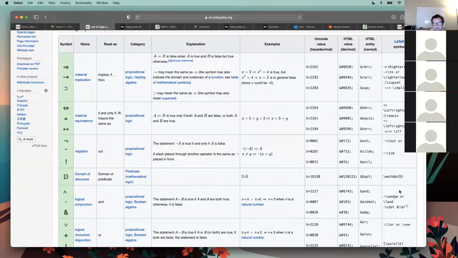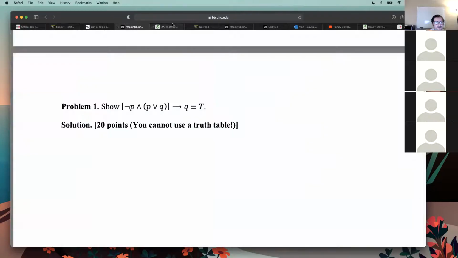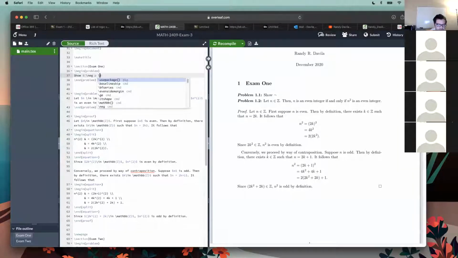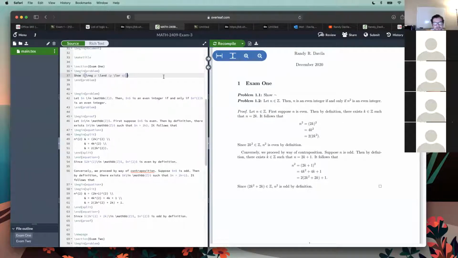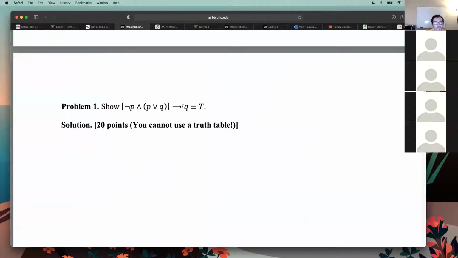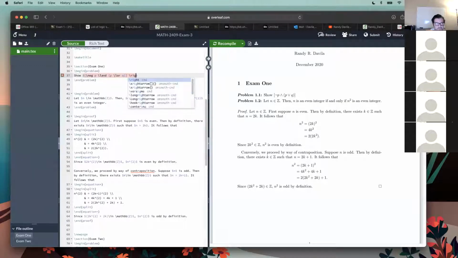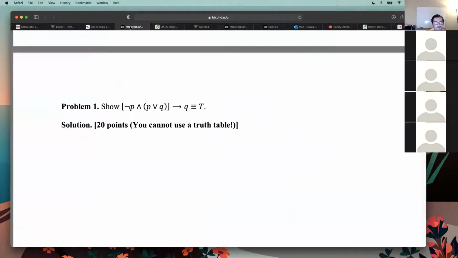I think it's \land for that symbol. And P or Q, I'm just guessing. Close that bracket, so let's see if that works. It did. Okay, so that implies, or a right arrow, Q.